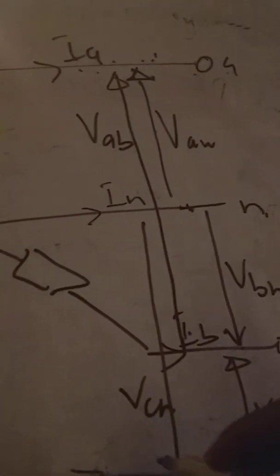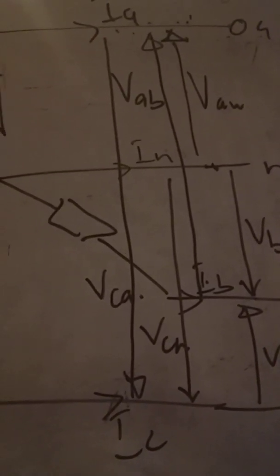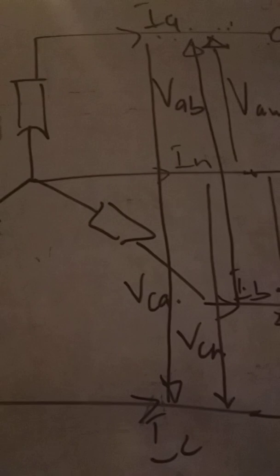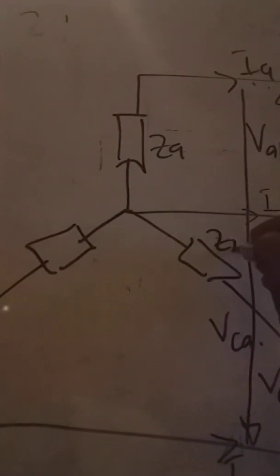Between C and A, we have VCA. So those are the line and the phase voltages being represented. Here we have ZA, ZB, ZC. You find that one in figure 2.9 of your textbook.